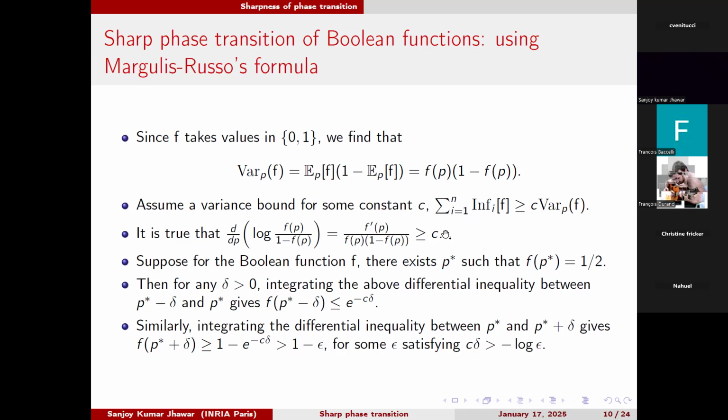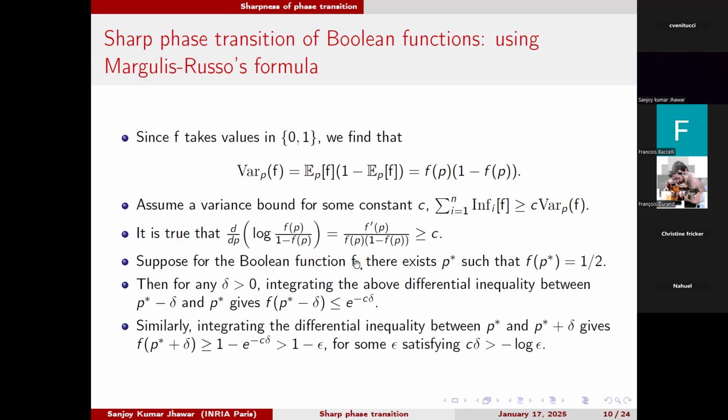Okay. And if we can prove some inequality like this, where the sum of influences is larger than the variance of the Boolean function up to a constant, suppose we can prove such an inequality, then we can use this to prove the sharp transition. Okay.